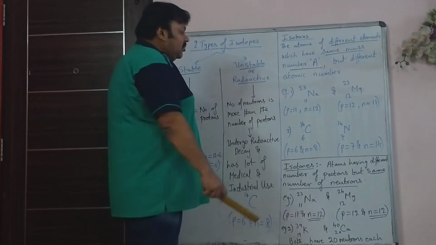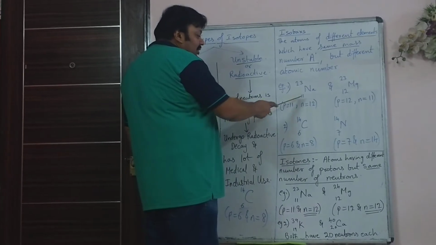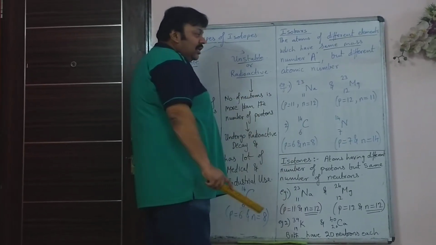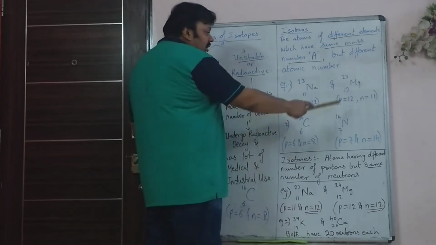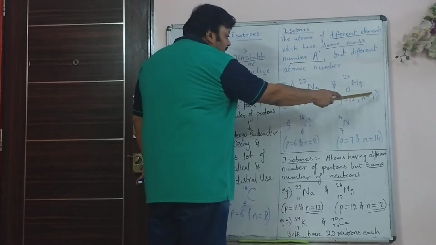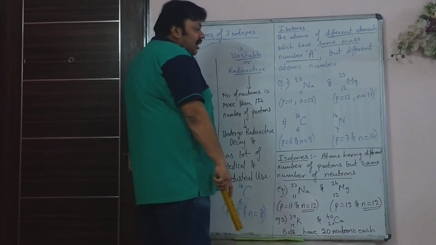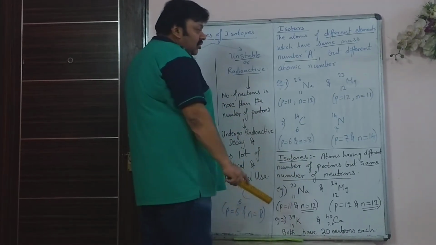Now in isobars they have the same mass number, capital A, but different atomic numbers because obviously they are different elements. For example, sodium 11 23, 11 protons, 12 neutrons, 23 minus 11 that is 12 neutrons. Magnesium 12 23, number of protons is 12 and number of neutrons is 23 minus 12 that is 11. So 12 protons and 11 neutrons.